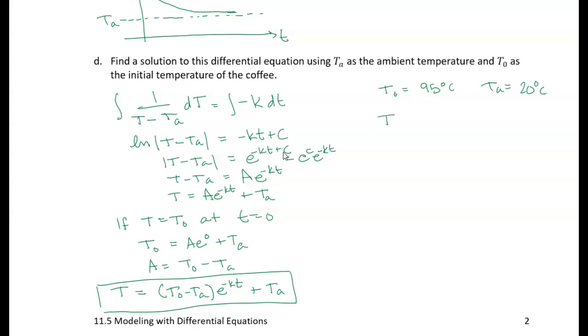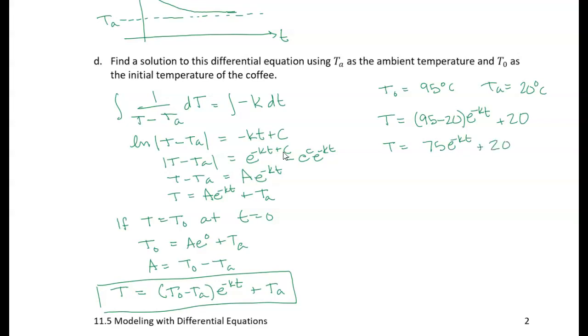So we essentially have 95 minus 20, T0 minus TA, e to the minus kt plus 20. And I could simplify that a little bit by taking 95 minus 20, so I get 75 e to the minus kt plus 20.